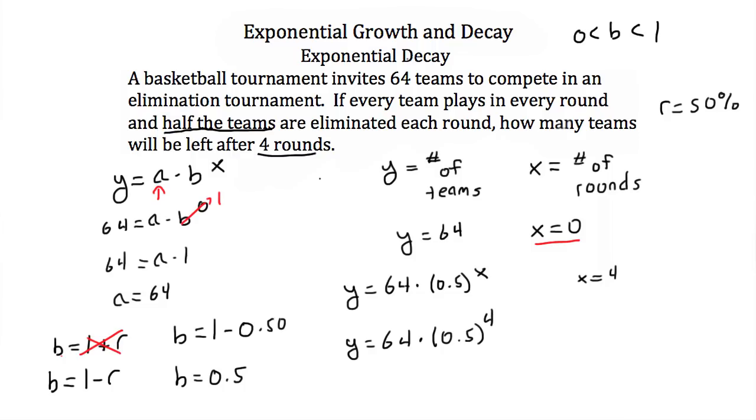Now 1/2 to the 4th power is 1/16. 1/16 times 64, that's equal to 4. So there will be 4 teams left over after 4 rounds. So that's how you can apply an exponential decay formula to a real-life problem.